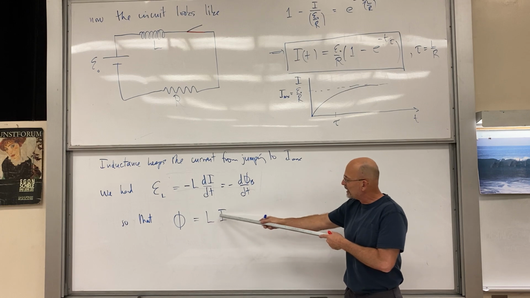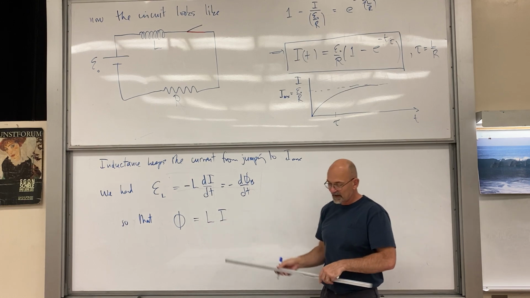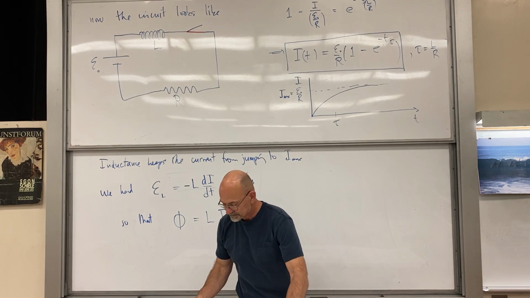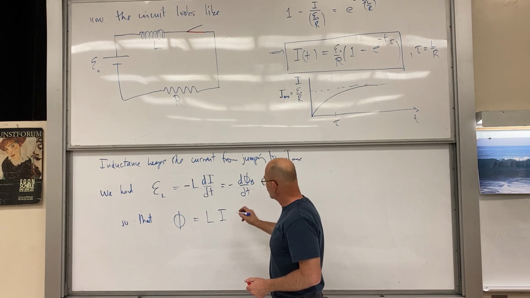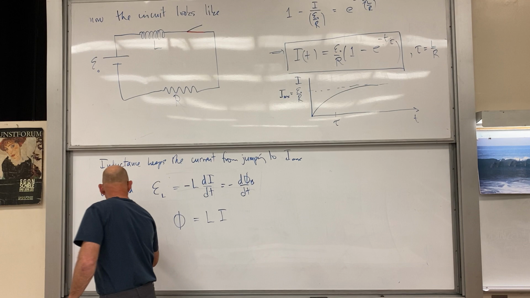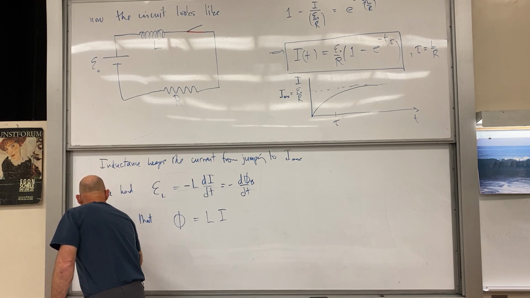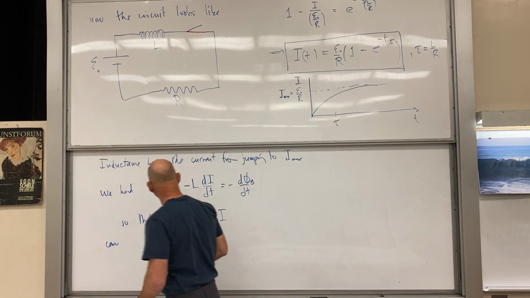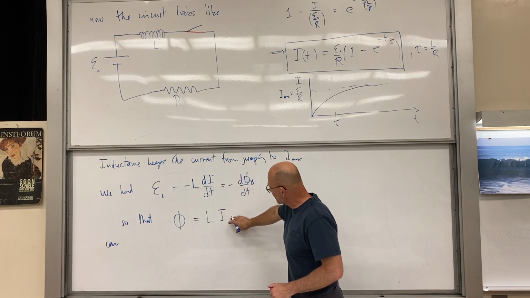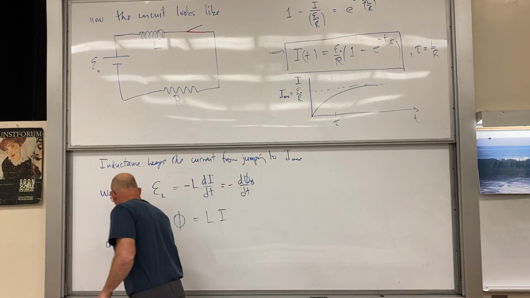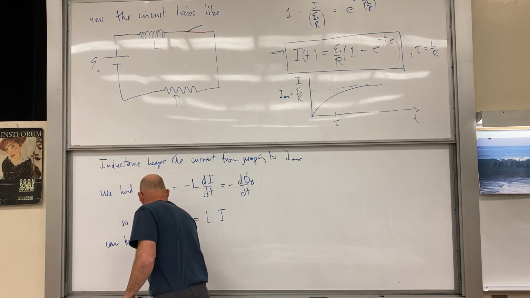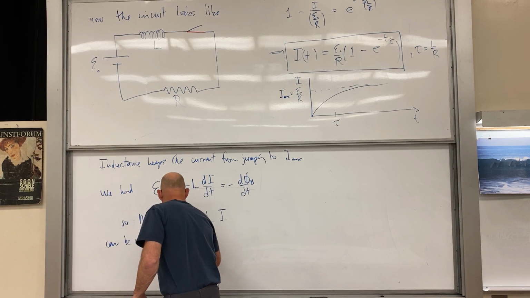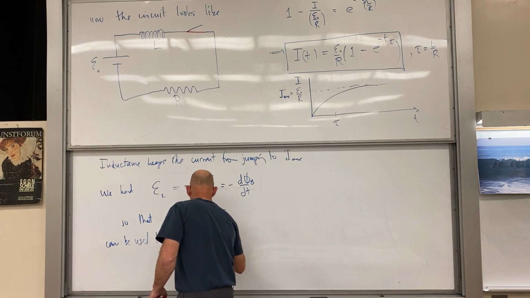So the flux is L times I. So that's clear. And we'll use this. So I'll complete the sentence. We have this, so that this expression here can be used to calculate the self-inductance. Calculate L.